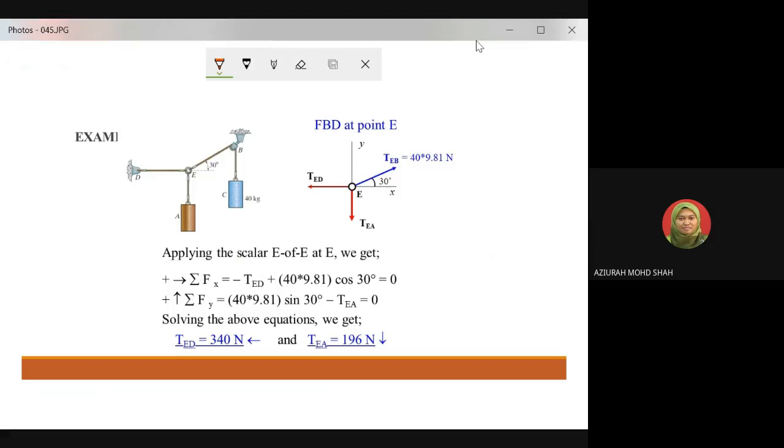Okay, tengok check balik. So negative TED, why negative? Because it is in second quadrant that you have the, it is directed along negative x-axis kan. So jadi negatif lah. Ni tak ada masalah negatif. We know that this one adalah datang daripada tadi tu lah yang 392 cos 30 for the x, okay, equal to 0.